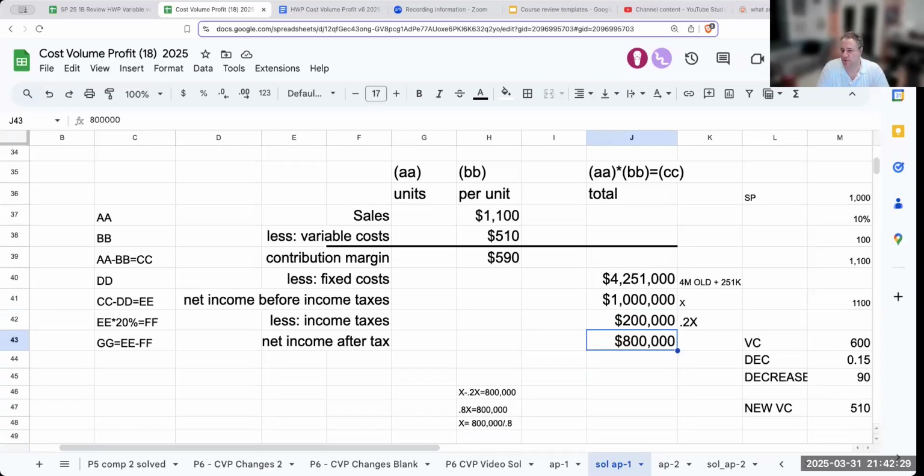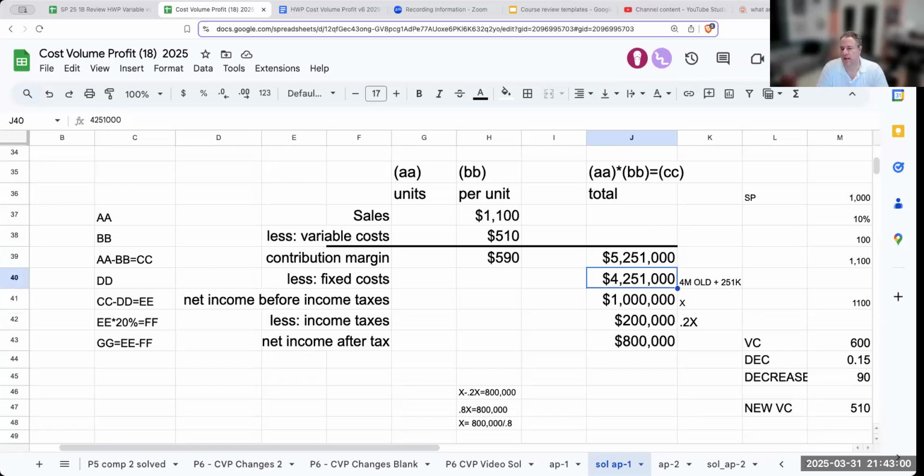It's $800,000. So looking at the relationships right over here, net income before income taxes minus my taxes equals this part here. What is my contribution minus my fixed costs will give me $1 million? Well, this is going to be 5,251,000, or y minus 4,251,000 equals $1 million. I basically add 4,251,000 to both sides.